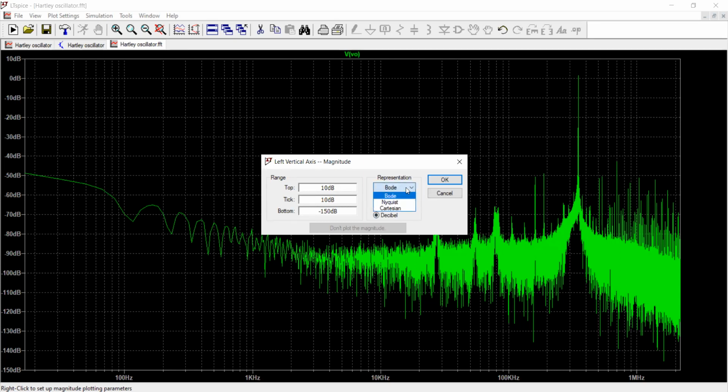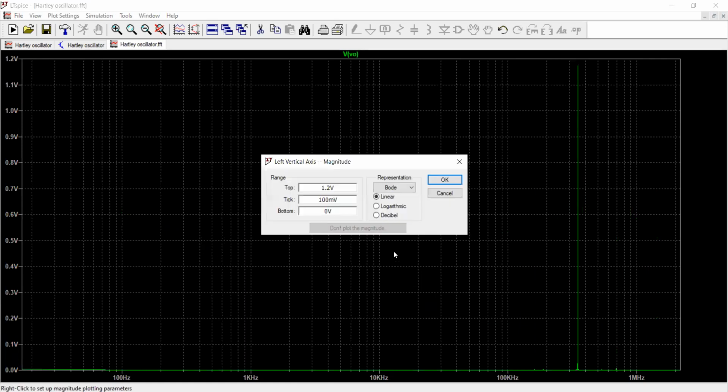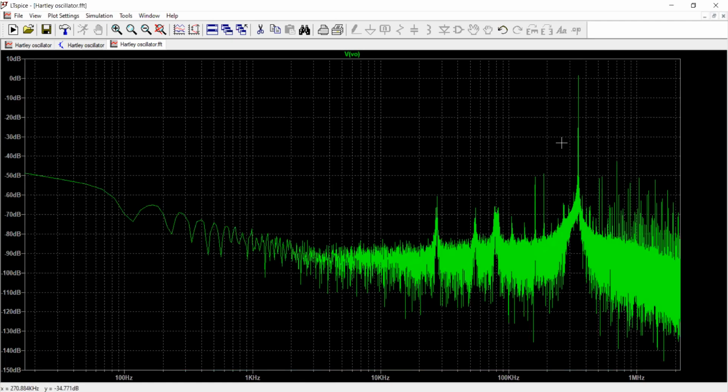If I choose linear scale, I have this, so it's about 1.1 volt. Let's look at this impulse. I will then again go to decibel and click OK. And that's how I get this.